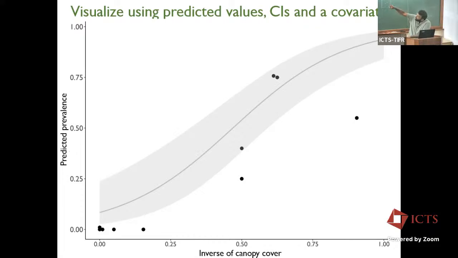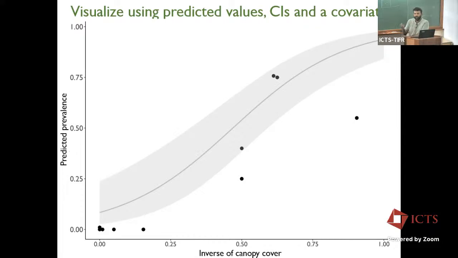Now there's a relationship between predicted prevalence as a function of canopy cover, and I think Uma will be happy because I've completely changed everything here. It's just the same graph. So you have inverse of canopy cover going from 0 to 1. As canopy cover increases, the model says that there is decreased prevalence.